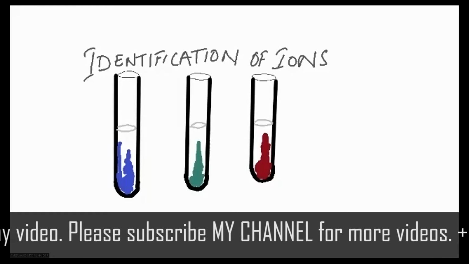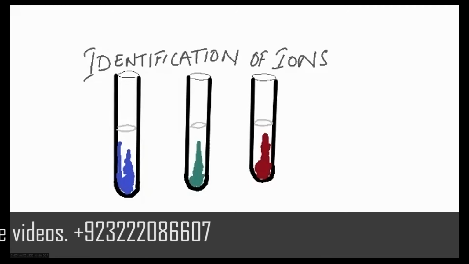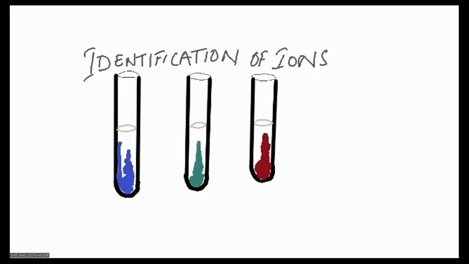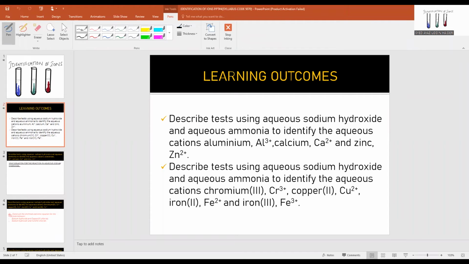I will continue the video lesson for the topic identification of ions. I have already explained the test and results for all cations. The learning outcomes for this video lesson are the same: describe the test using aqueous sodium hydroxide and aqueous ammonia to identify the aqueous cations Al3+, calcium Ca2+ and zinc Zn2+.